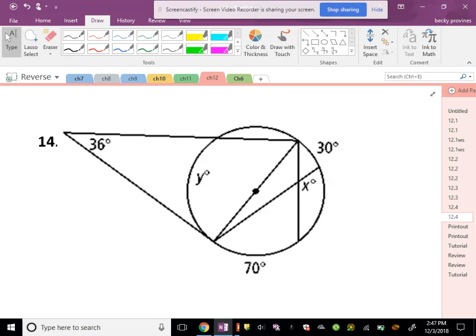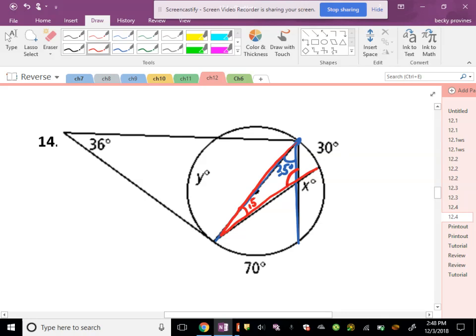Okay, so lots of stuff is going on in this picture. I see I have an inscribed angle here. So that means this angle here is half of 70, so it is 35 degrees. Now, if I open up this red angle, it's going to be half of 30, so this red angle is 15.